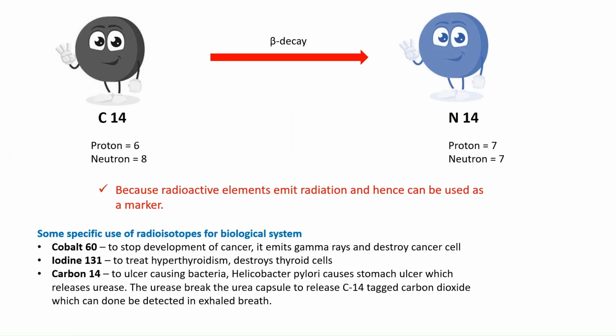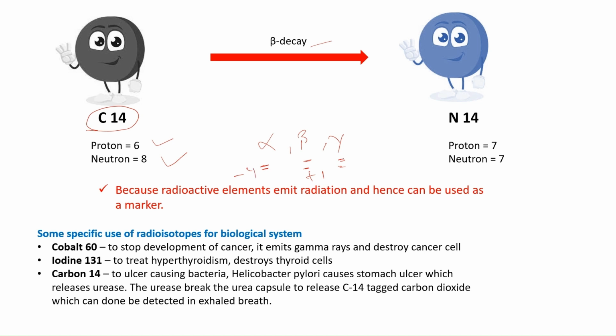Now here, it is given a radioisotope carbon-14. Number of protons is 6, number of neutrons is 8. It is emitting beta rays. We studied 3 rays, right? Alpha, beta and gamma. There is no change for gamma. Here is +1 in atomic number for beta.